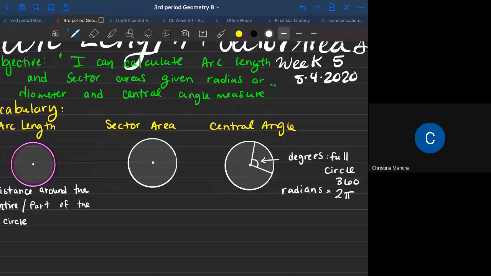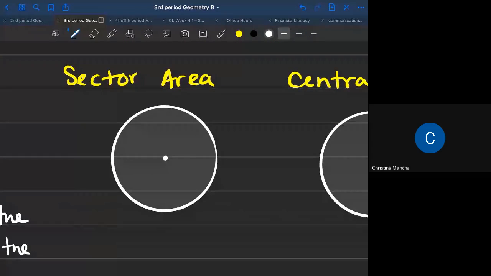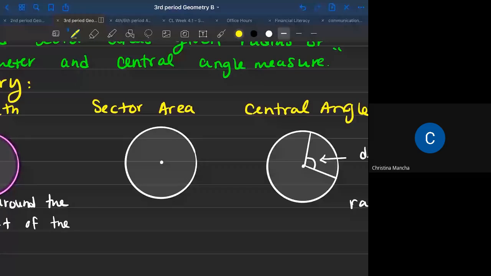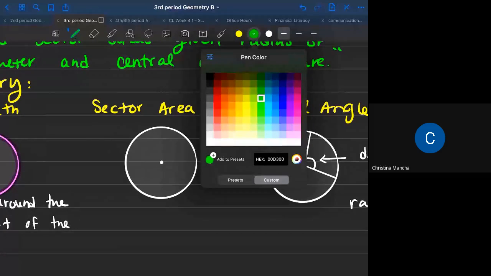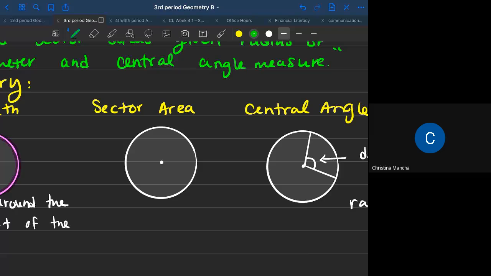All right. So in order to find the sector area, I need to have a central angle. Here, for example, I'm going to draw my central angle from there to there. My central angle tells me how much of the area is being swept.